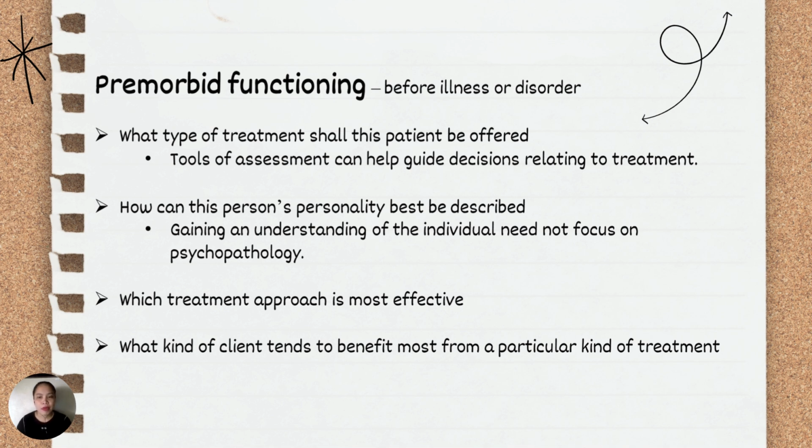Researchers may raise a wide variety of assessment-related questions, including which treatment approach is most effective, or what kind of client tends to benefit most from a particular kind of treatment. Now, the researcher would use a variety of assessment tools to combine subjects into treatment groups and then to measure outcome in psychotherapy.